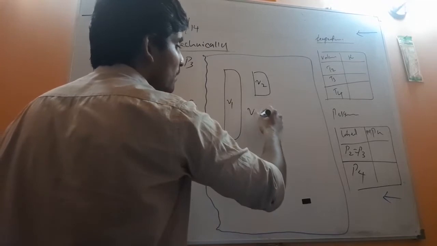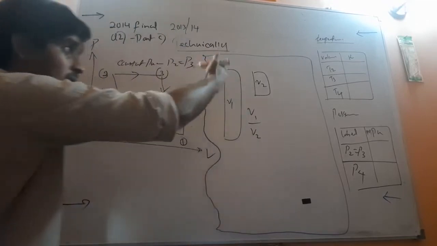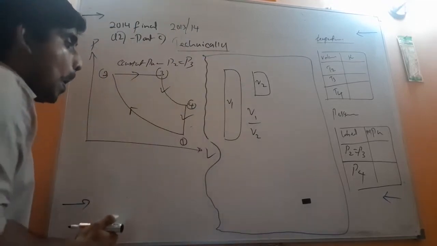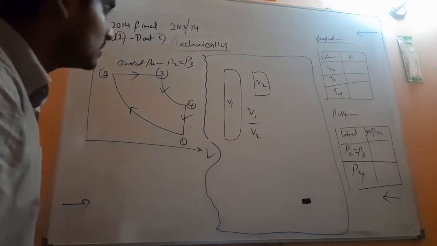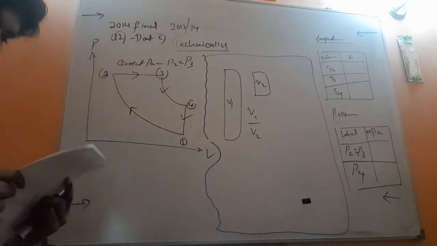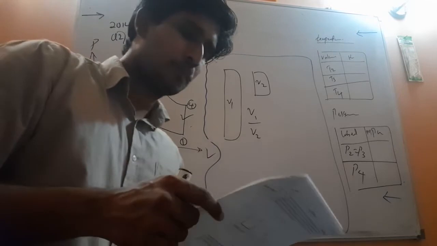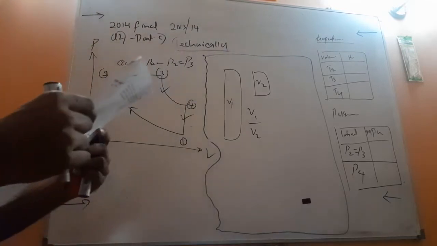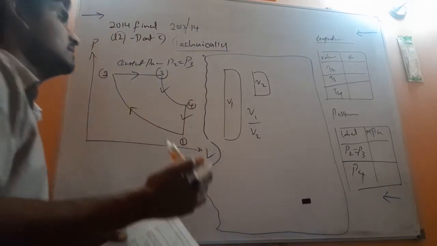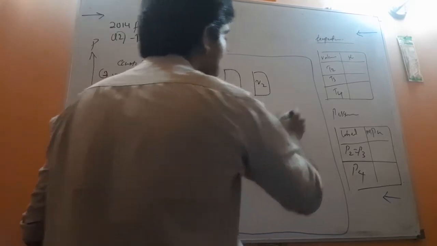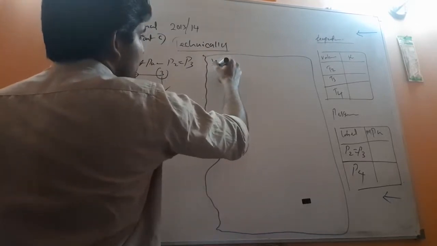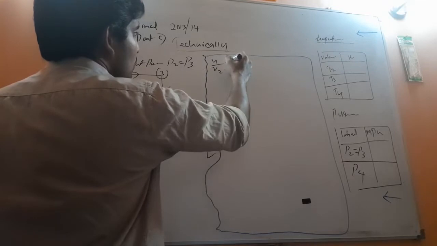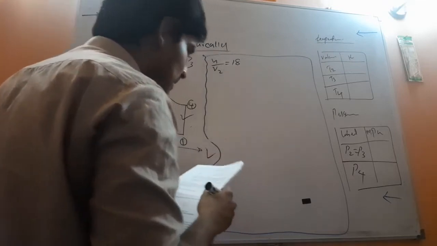So V1 divided by V2 is the compression ratio. What compression ratio have they given us in the problem? Yeah, the volumetric compression ratio for the cycle is 18. So V1 divided by V2 is 18. You can keep it as data.